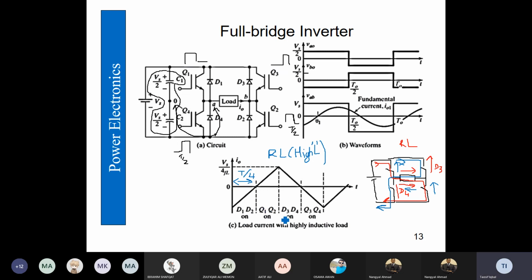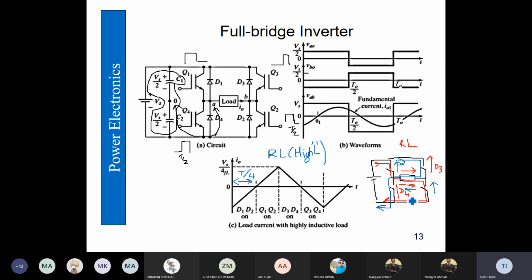So before switching on Q2, the blue current was flowing. So that was flowing through D1 and D2. Then we switched on Q1 and Q2. The load inductance starts charging in the other direction, in the positive direction, for example. And then we switched off the switches Q1 and Q2, and then the current drops from the inductor. The inductor starts discharging, and therefore the current is still positive.